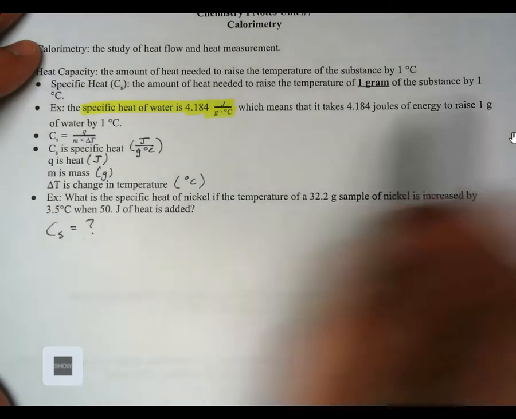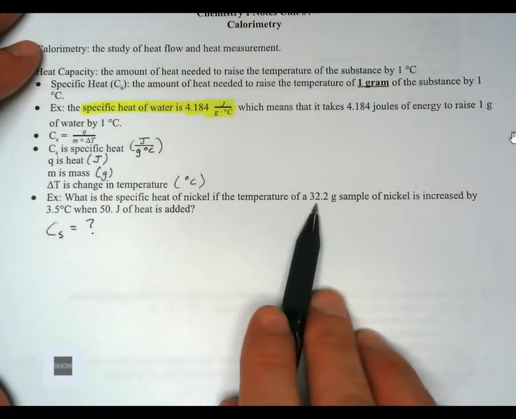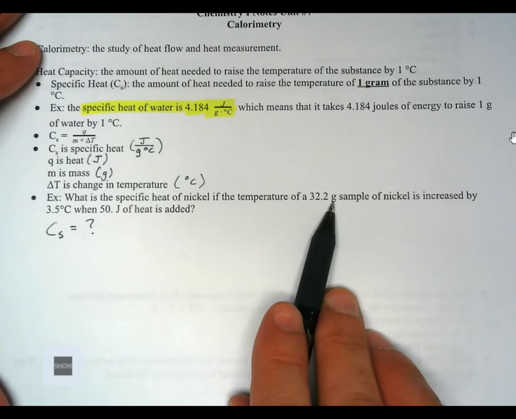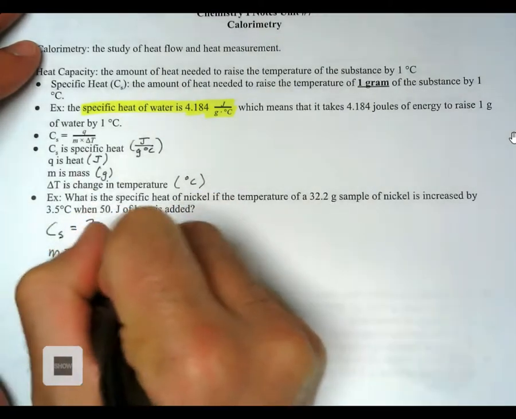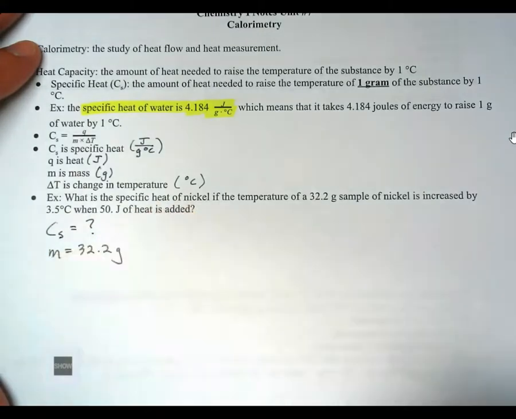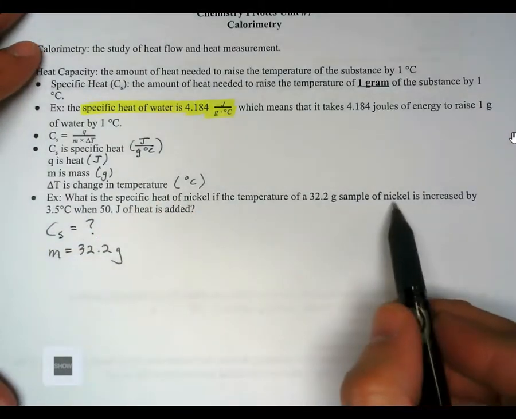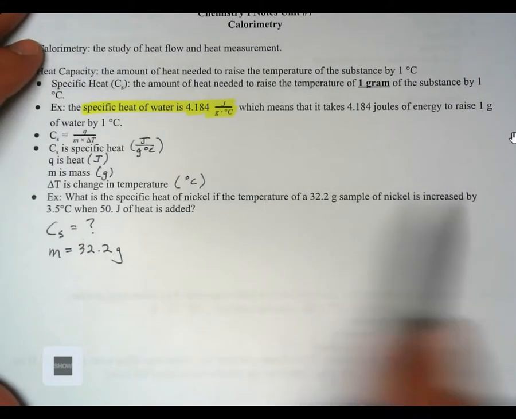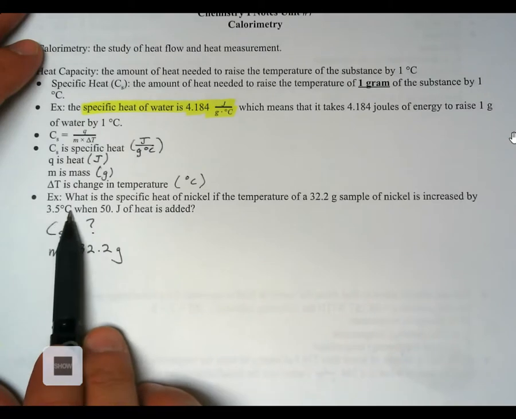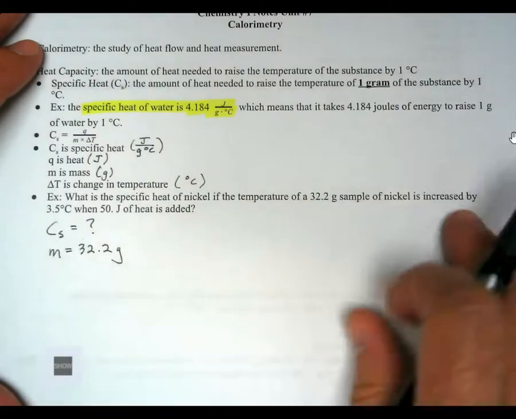If the temperature of a 32.2 gram sample, so that's my mass, 32.2 grams, the temperature is increased by 3.5 degrees Celsius. Make sure you're reading that part carefully.